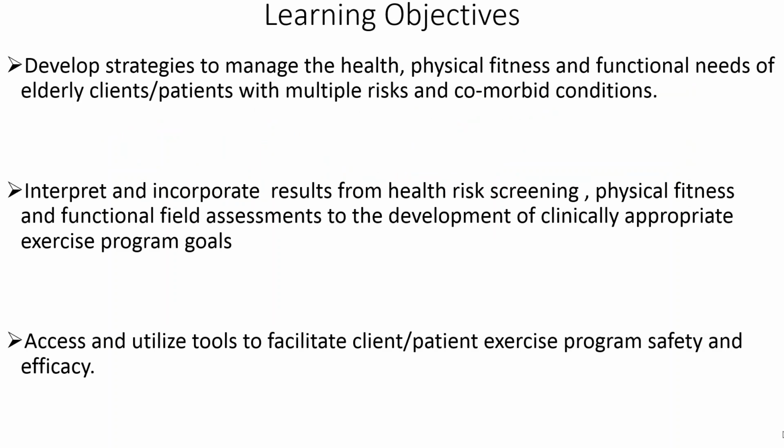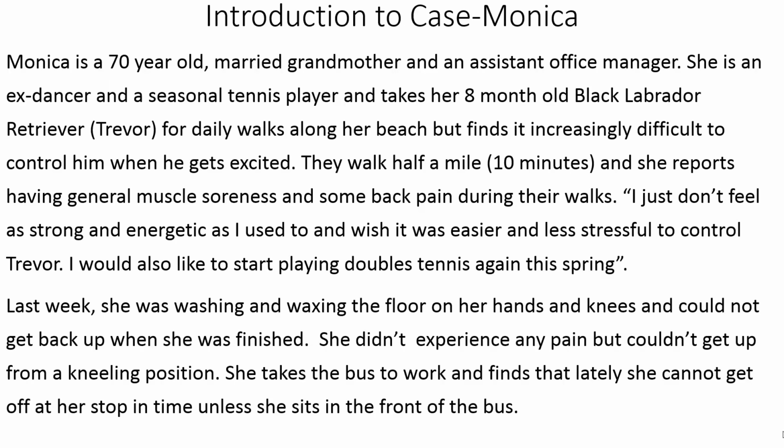What I'm hoping that you will be able to do at the end of this is to develop some strategies to help you manage risk factors in your older individuals, and to identify them quickly and to use some very accessible electronic tools to help you do that, and discover some new resources that will help you to design safe and effective programs for older adults with comorbid conditions. So, without any further ado, let's jump into our first case.